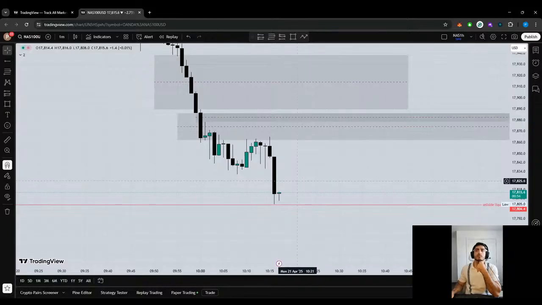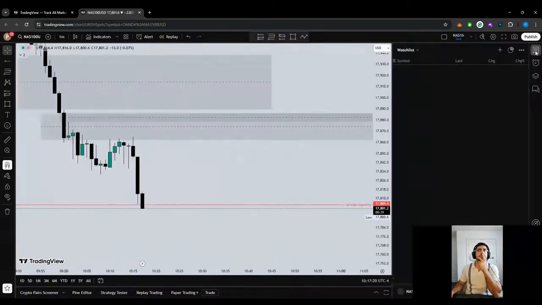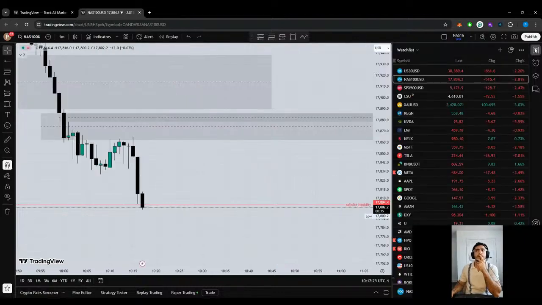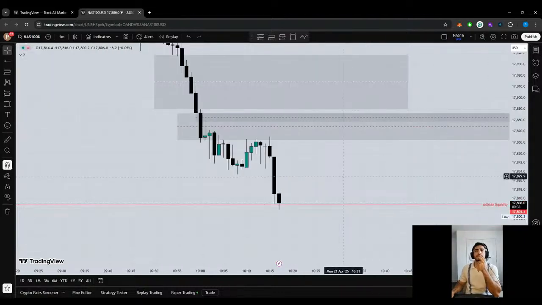You know, it stops 1 point above. There you go. The low has been taken. We're currently at 2.83% down on the day, 515 points. Took the low. And now we see.